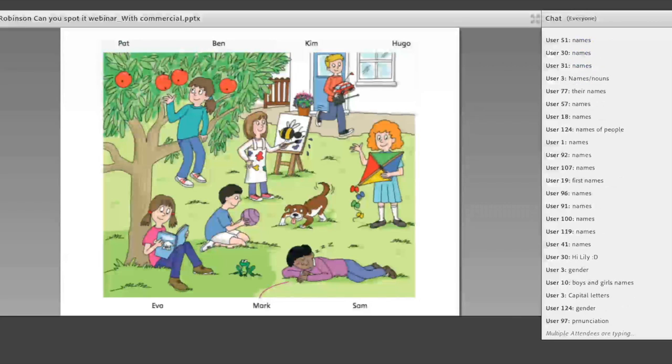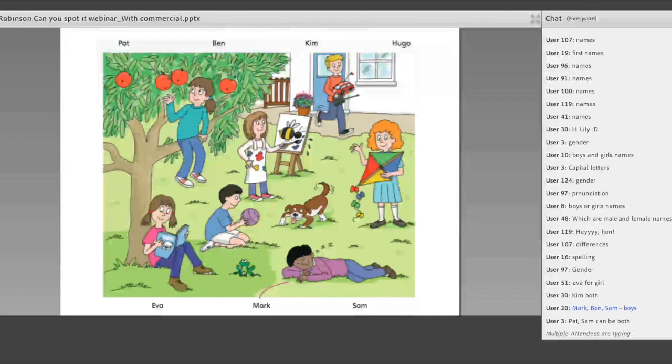Yes, Rob Barron, same here, gender. Okay, so which of these names can we use for girls and which can we use for boys? And which can we use for both, in fact? So if you look at these 7 names, which of the names would we use only for boys?